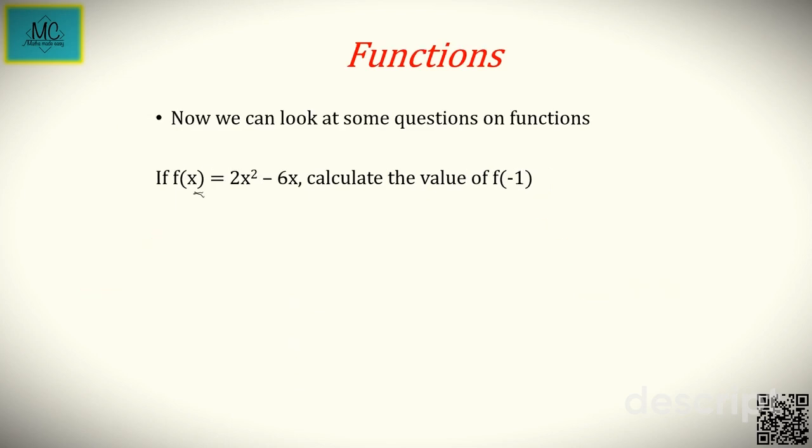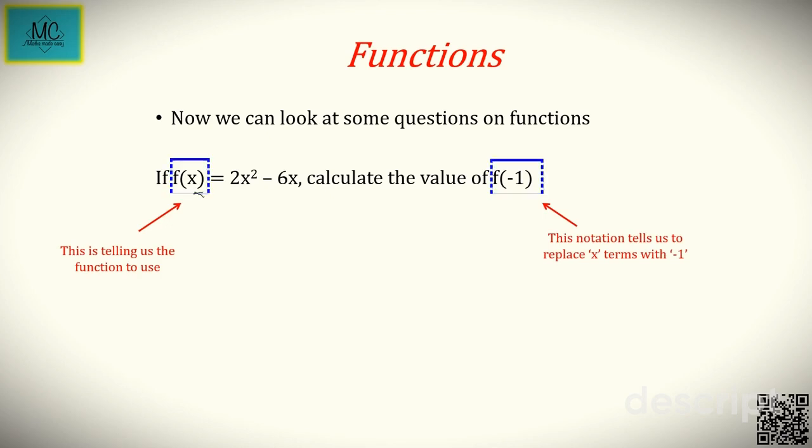Next, we can look at this question, where f of x is equal to 2x squared minus 6x. Calculate the value of f of minus 1. So let's see how we're going to work here. Again, this is the function telling us what to do, and this notation tells us to replace x with minus 1.